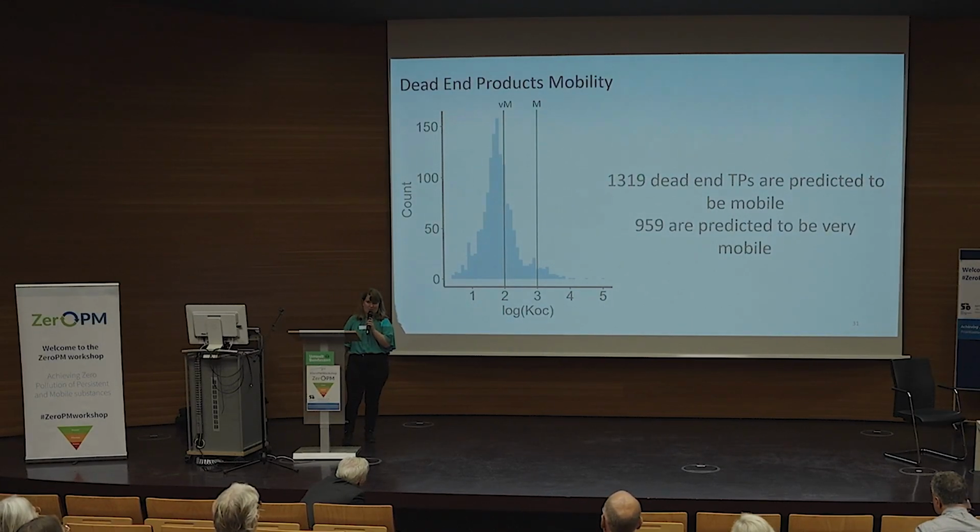So, what did that result in? Well, for the compounds that fall inside the applicability domain of OPERA, 1,319 were predicted to be mobile, and out of those, 959 were predicted to be very mobile. So this is the majority of the compounds that fell inside the applicability domain of the model, which suggests that at least a large amount of our transformation products are indeed likely mobile compounds and thus likely concerning for water contamination if they are also persistent.